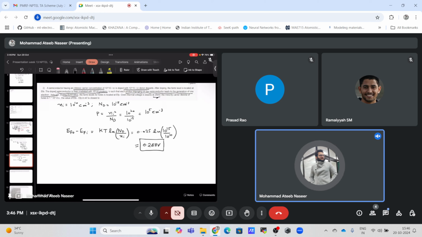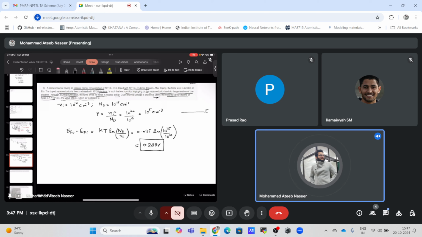During illumination, the Fermi level of holes is located at EFP, and given the thermal voltage and the minority carrier lifetime of the holes, the value of EF0 minus EFP needs to be found. This EF0 is the Fermi level after doping.